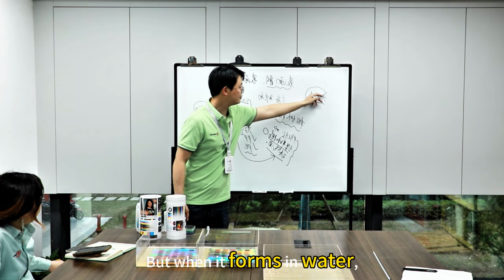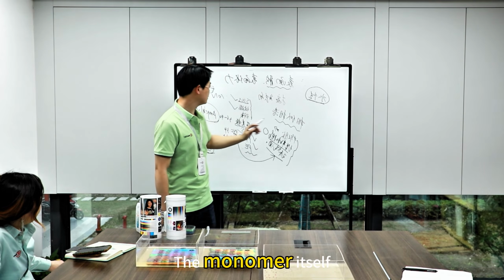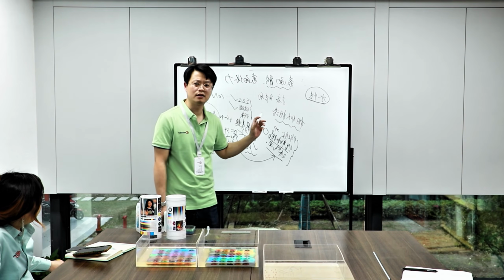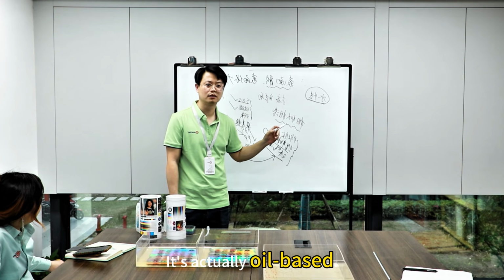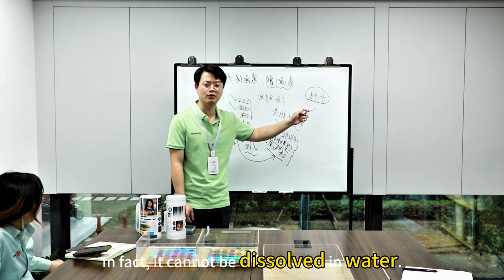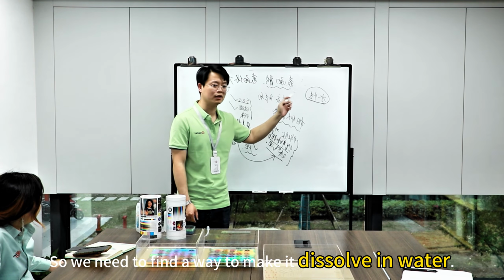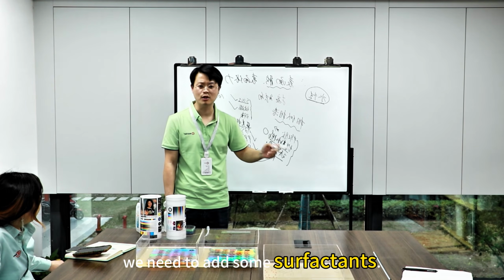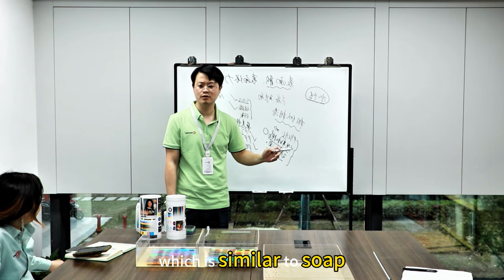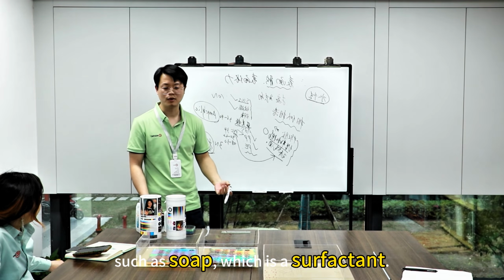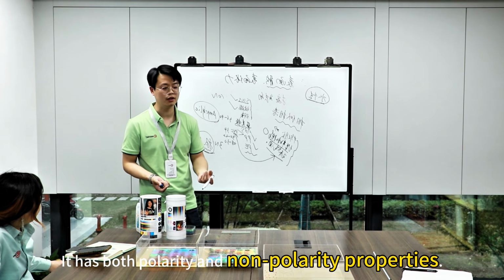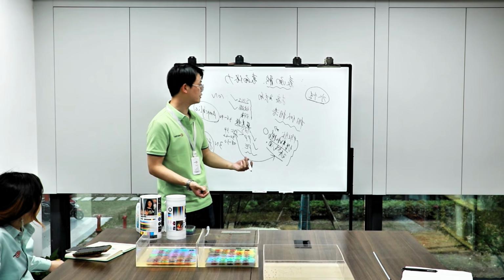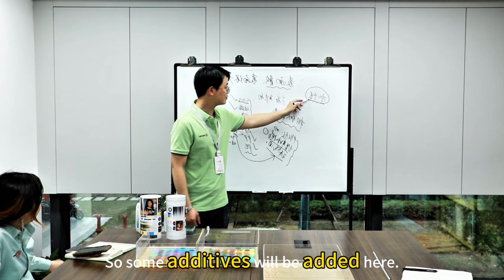But the monomer itself is oily. It's actually oil-based. In fact, it cannot be dissolved in water. So we need to find a way to make it dissolve in water. We need to add some surfactants, similar to soap, which is a surfactant. It has both polarity and non-polarity properties. So some additives will be added here.